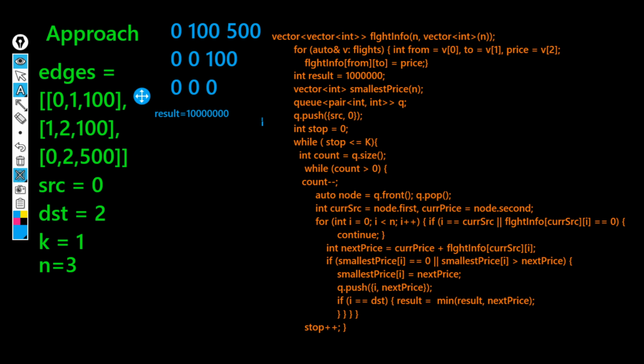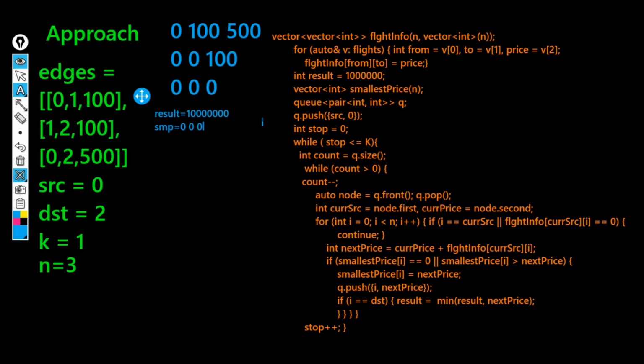Now after that I will create a vector which will store the smallest price till now which we have got for every particular k stops. Now the size will be n because we have n different paths or n different positions where we can go.